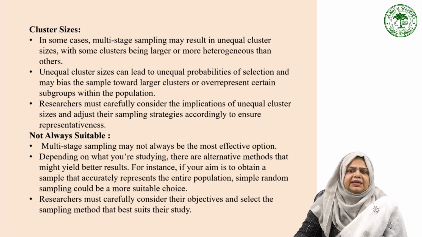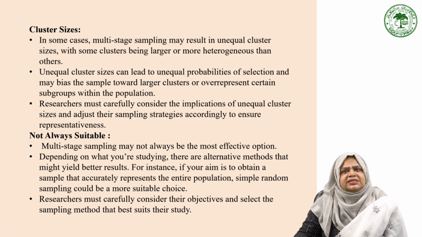This can introduce bias into the sample, favoring larger clusters or certain subgroups within the population. To ensure that the sample is representative, researchers must carefully consider the implications of unequal cluster sizes and make adjustments to their sampling strategies accordingly. By doing so, they can mitigate the potential biases that may arise from this sampling method.